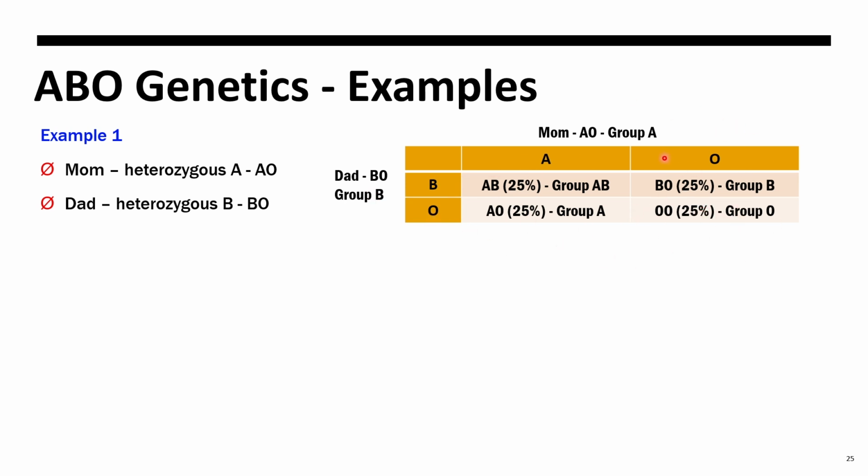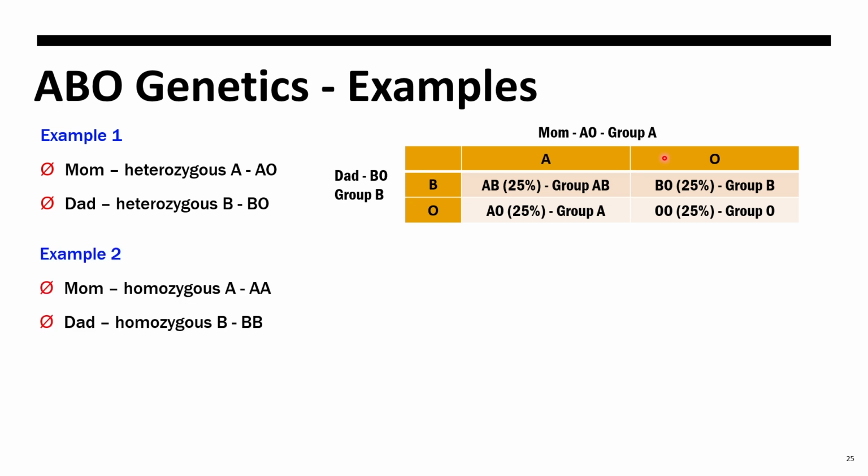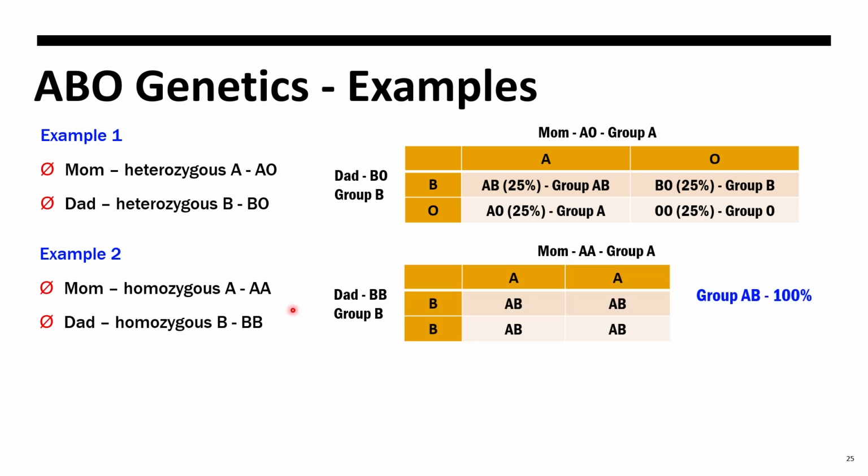Let's take another example. If your mom is homozygous A and your dad is homozygous B, you can see all the children will have AB blood group because AA and BB. So all the children will get AB.